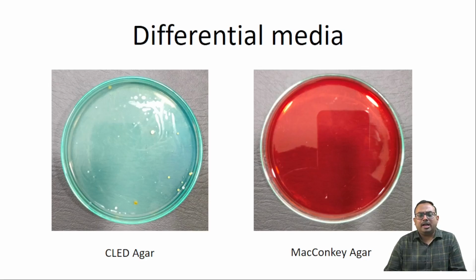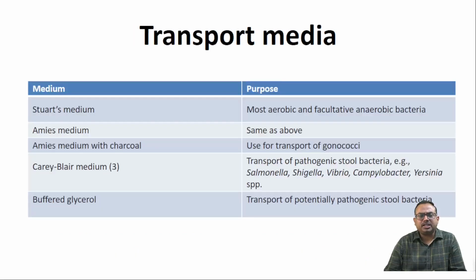Similarly, lactose fermenting colonies on MacConkey agar appear pink in color, while non-lactose fermenting colonies appear pale in color.